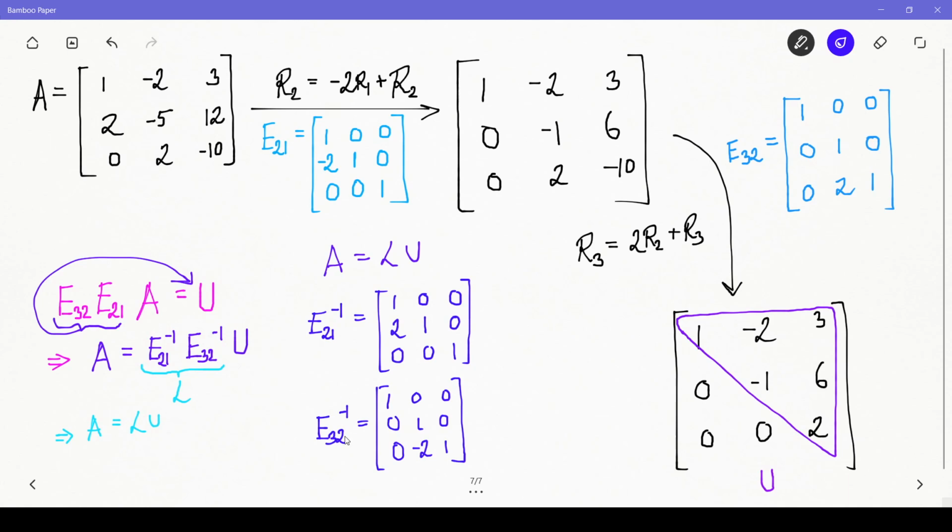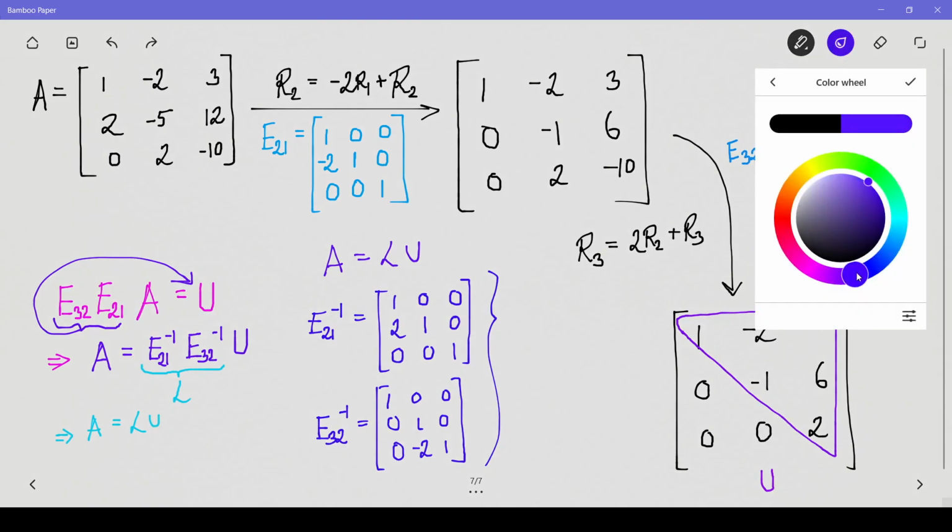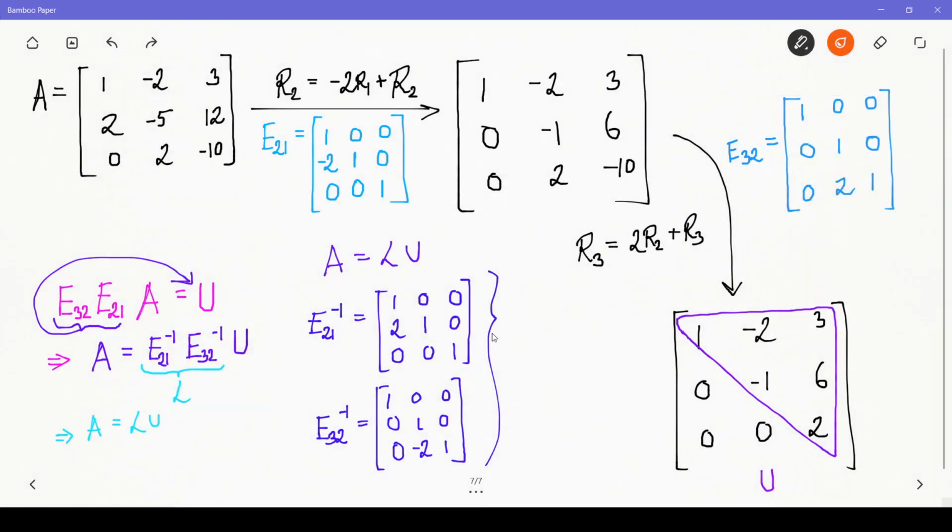Now if I multiply them together, let me use a different color, I should get a matrix that looks something like this: 1 0 0.